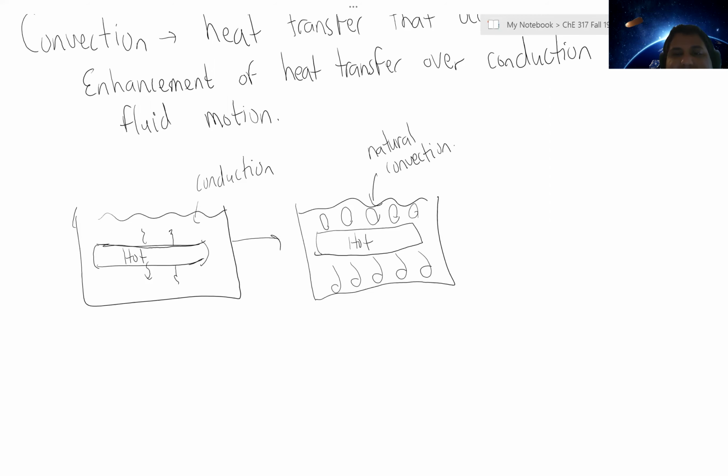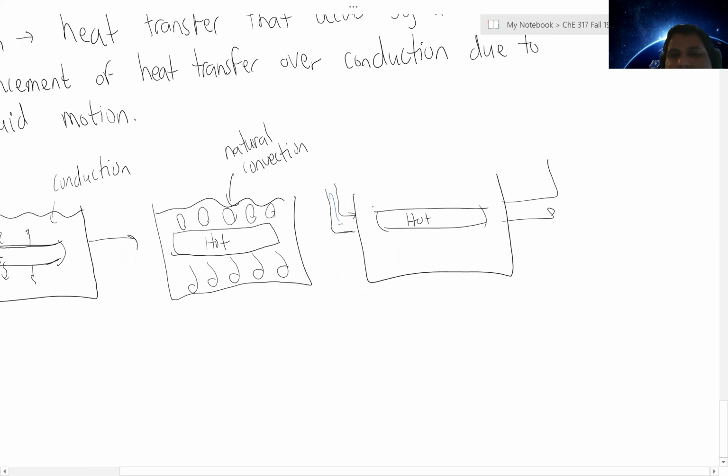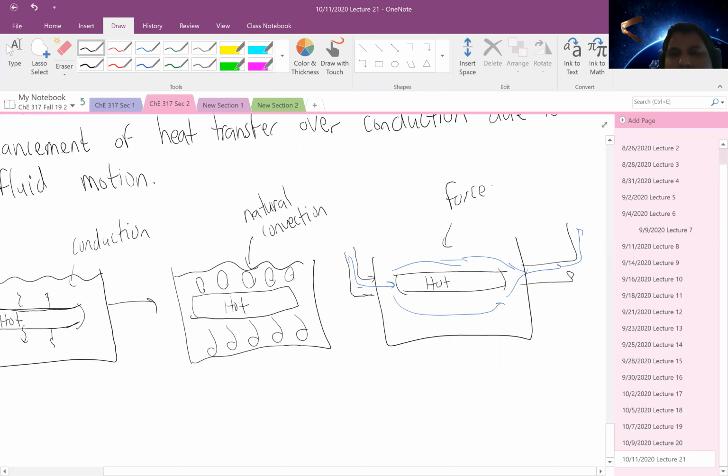Another thing that we can consider is if we have a metal rod and we forcibly flow water around that object. And this, what we would consider, is forced convection, because we're essentially inputting energy to cause flow to occur.